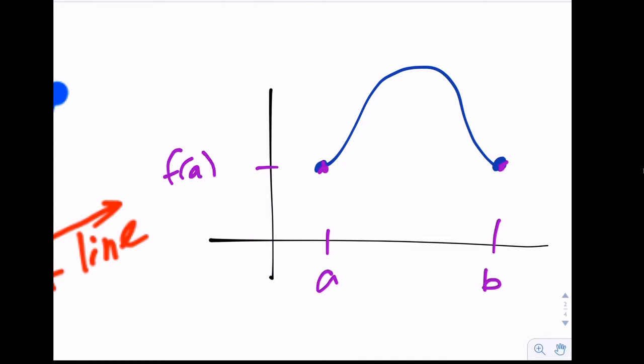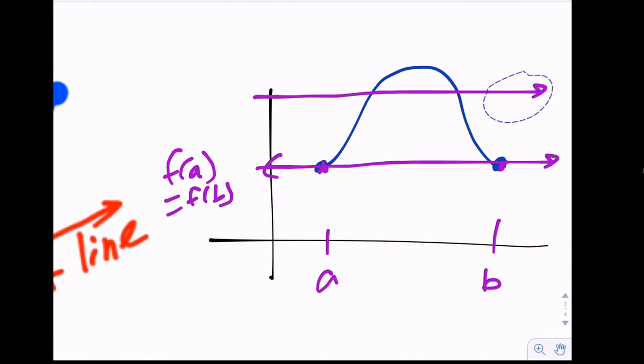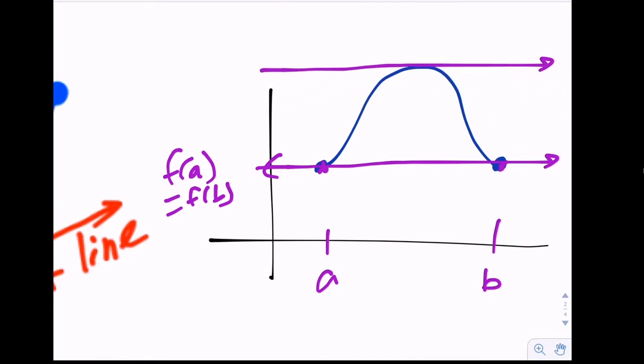If f of A equals f of B, then the secant line is going to be what? Horizontal. And if I slide that line until it intersects right there, then the mean value theorem guarantees there's at least one value where the tangent line is going to be the same as the secant line. So there you go. Rolle's theorem becomes a special case of the mean value theorem.